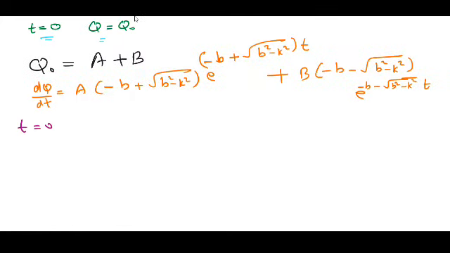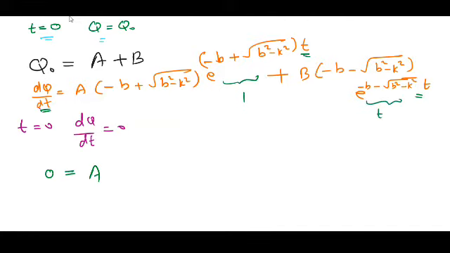When time t is equal to 0, dq/dt is 0, that is the left hand side will be 0. Here t will be 0, therefore this term goes to 1, and this term also gives result 1.